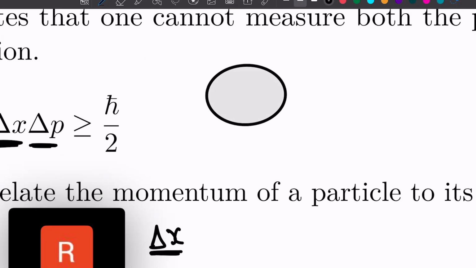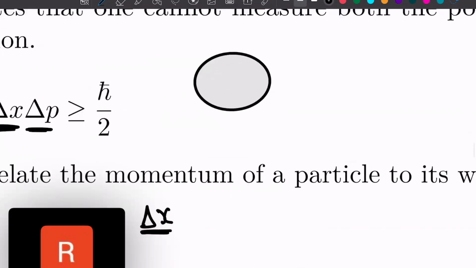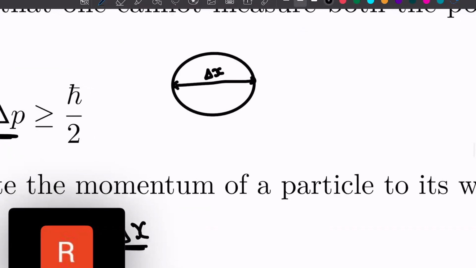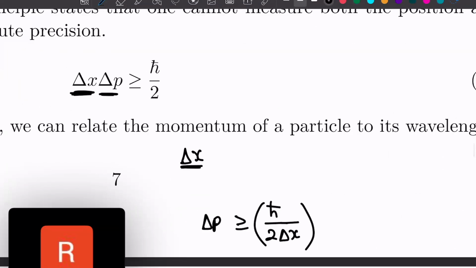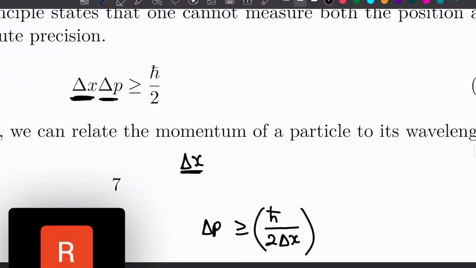Another question is if you have a particle that is constrained in some region. The specific example that I saw was an electron being constrained inside the nucleus, which is absurd. But if the electron was constrained in the nucleus, then in this case the nucleus size is the delta X. These are things that you have to assume, and only if you have done these kinds of questions and been exposed to them would you realize.